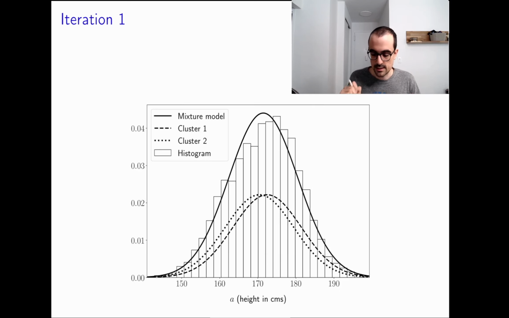This is what the clustering looks like when we start the iterations. It's pretty terrible. Here I just initialized it in a bit of an arbitrary way, I think by taking the mean of the population and plus or minus something. So this is iteration 1, pretty bad model parameters.